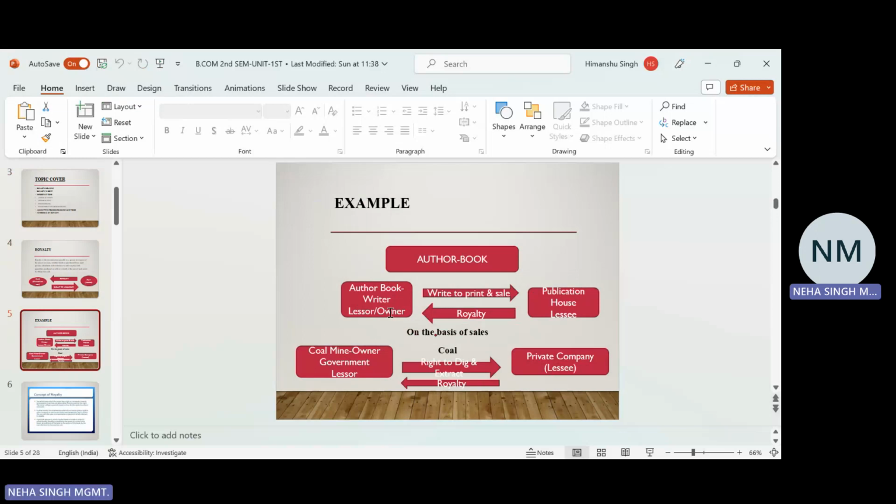Hope you are all clear with the meaning of royalty. Basically, royalty is that amount which is given by a lessee to a lessor. Why does the lessee give the amount to the lessor? Because he uses his rights of property, and that's why he gives royalty to the lessor.